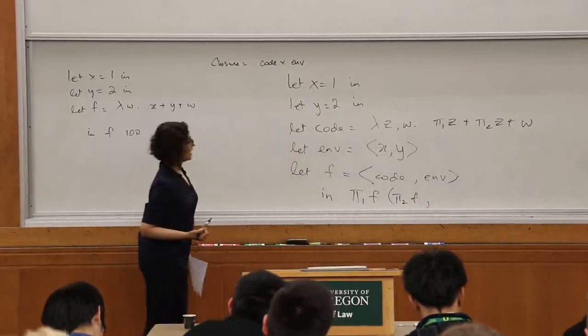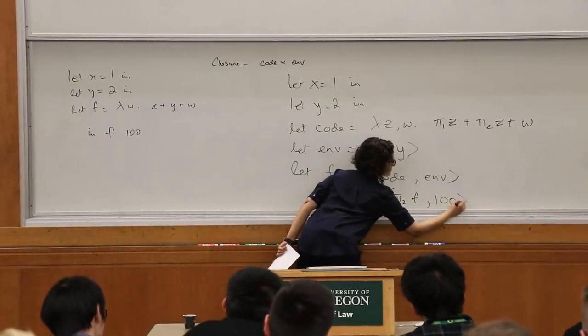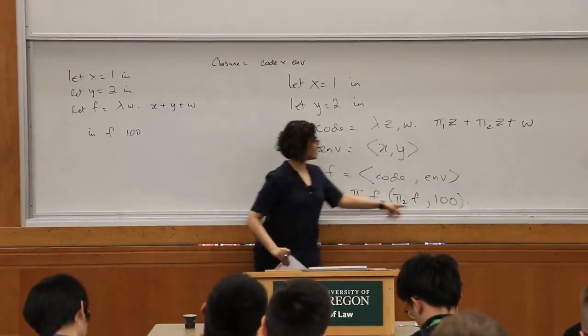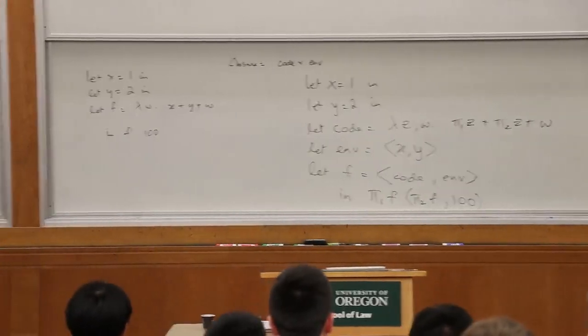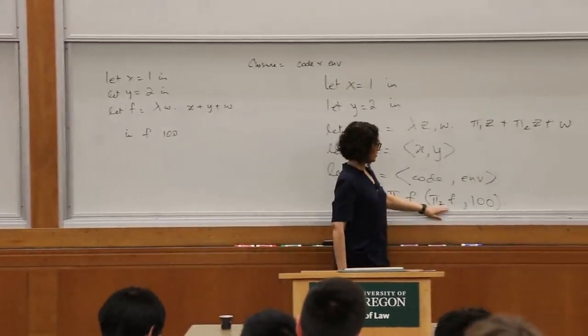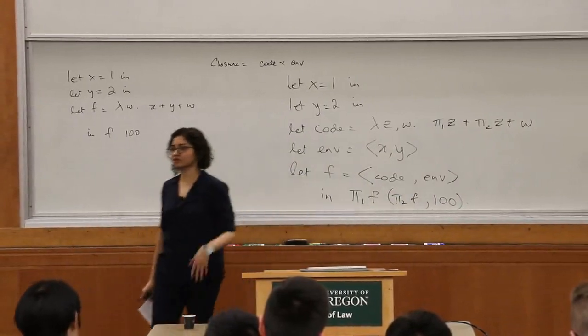And then I have to pass in 100. So it's the code applied to multiple arguments. Does that make sense? Okay, so pull out the code, pull out the environment, pass the environment as the first input, and the other input as usual.